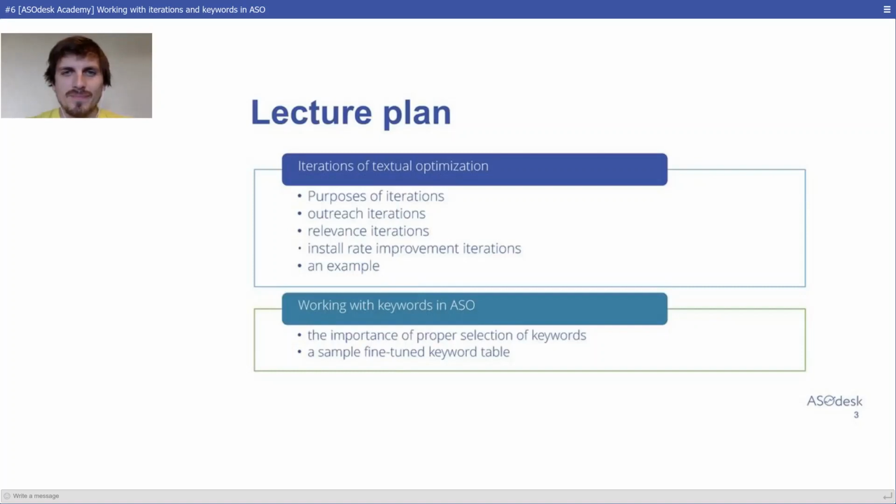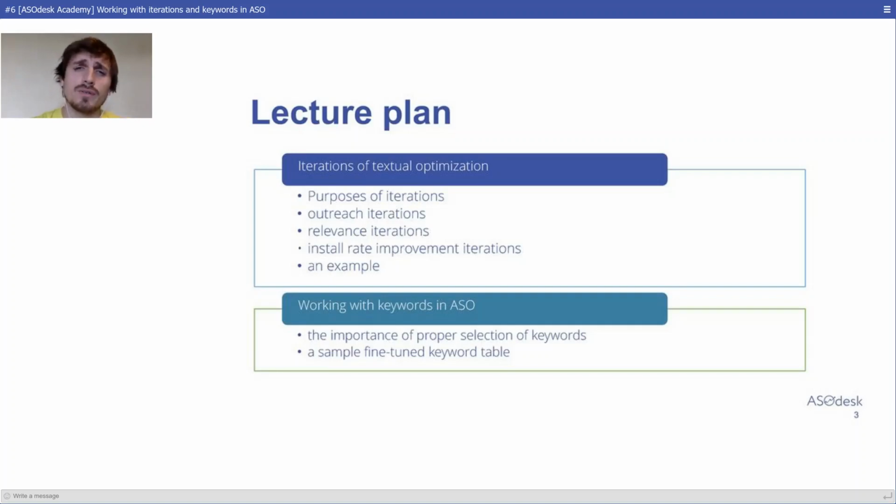So we'll have two big blocks of content during this lecture. In the first part, we'll be talking about the iterations of text optimization. We'll talk a bit about the purpose of iteration, and about different types of iterations.